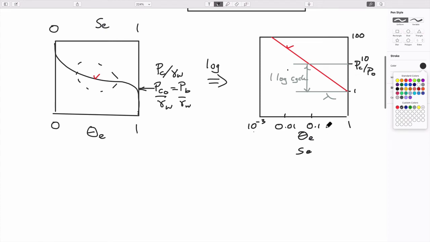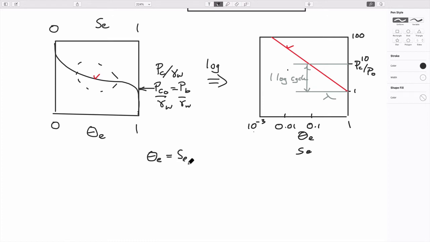And so the equation of that straight line should be something like the volumetric moisture content, which is exactly the same as the effective one, equal to the capillary pressure divided by the bubbling pressure to the power minus lambda. That's all. So that's just the equation of this straight line.